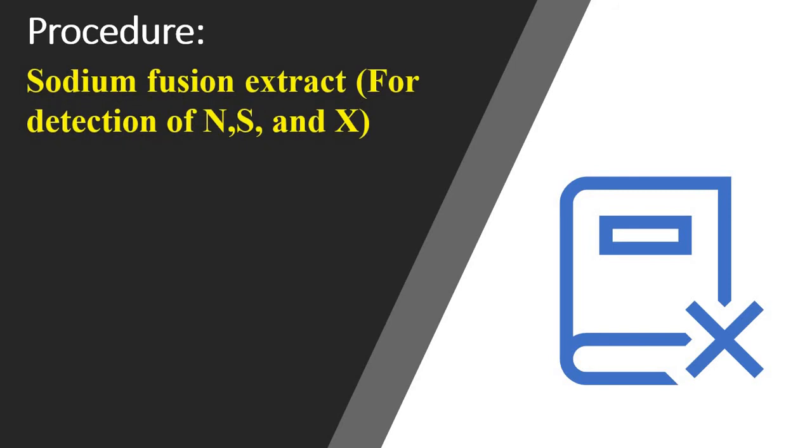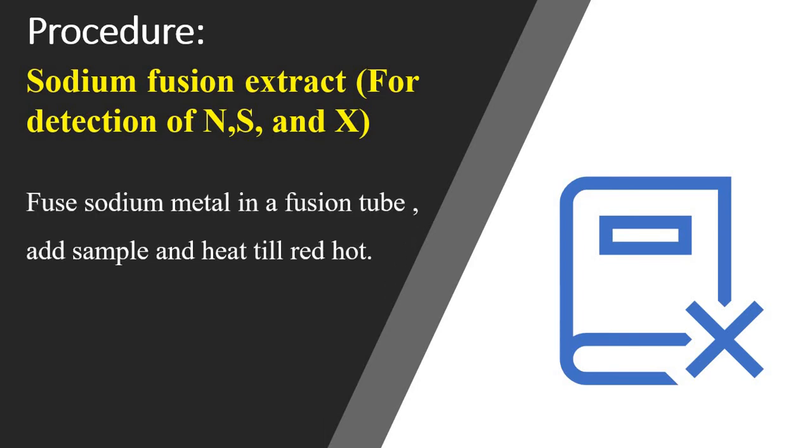Now we'll see the determination of heteroatoms, for which we need to prepare sodium extract. The sodium fusion extract is used for detection of nitrogen, sulfur and halogen atoms present in an organic compound. So how to prepare sodium fusion extract?